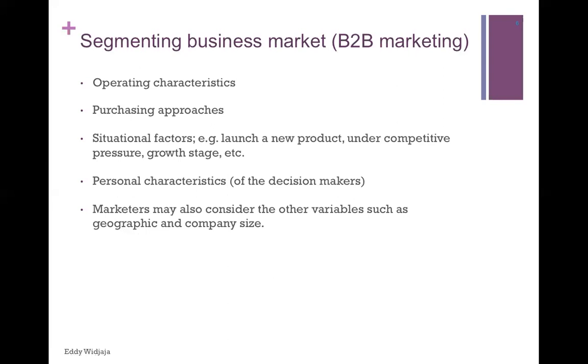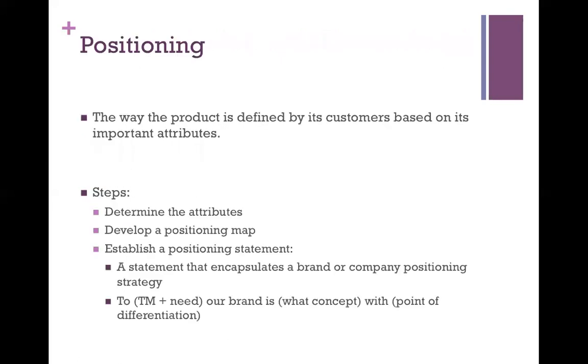Where are they? Normally, B2B customers in Australia are on the eastern coast. And the size of the company, whether they're large, medium, or small companies. Remember, B2B marketing is aimed at organizations or companies. Just briefly about that.